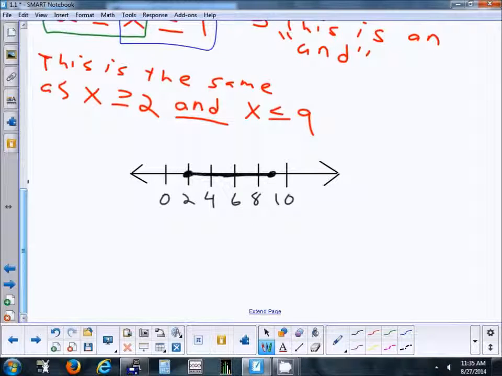I could say x is less than or equal to 2, or x is greater than or equal to 9. If I did that, I put two closed circles right where they are, shade in opposite directions. So any questions about graphing conjunctions or disjunctions? I'll leave the disjunction up to you. You can look in your book for that.